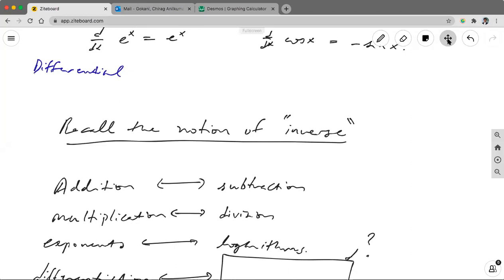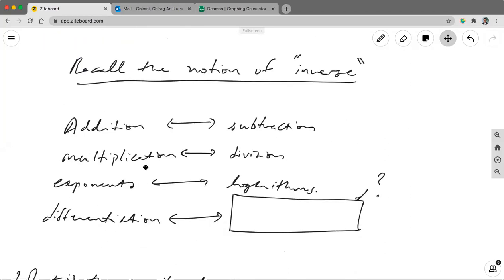And again, in your life, you're about to receive this notion of inverse. You just haven't realized it. It's really been going on all your life, and here it's about to happen again. So the inverse of differentiation is called integration.